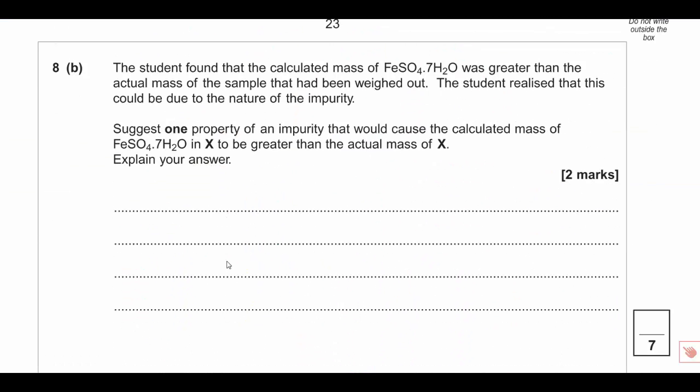If the impurity reacts with the dichromate, it's going to use up more dichromate, which has a cascading effect. It's going to give us more moles at the bottom, which is therefore going to give us a larger number of moles of the FeSO4 7H2O, which throws the mass off. So the impurity reacts with dichromate.